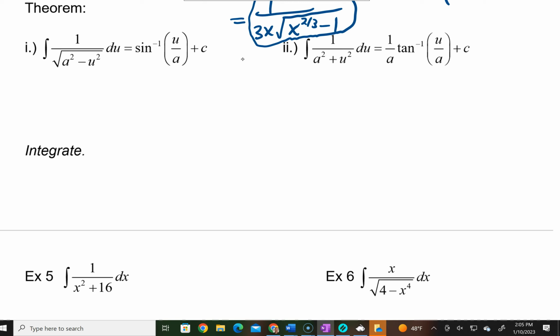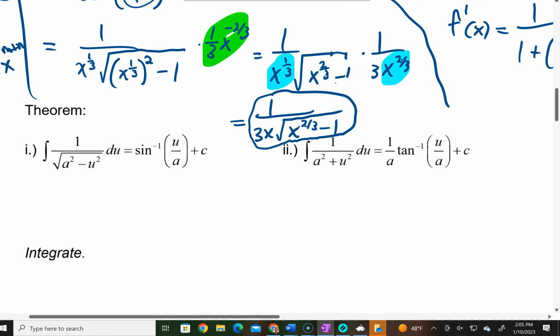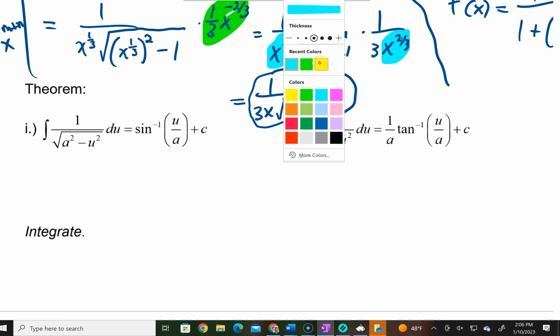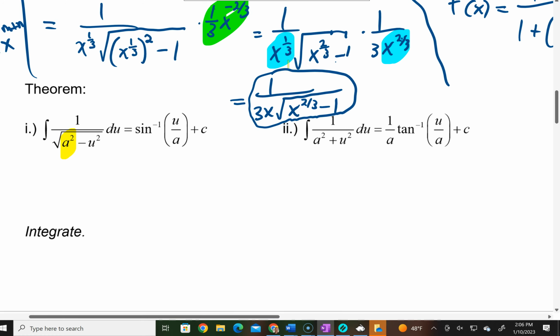The first one, I think what kids will notice, without a doubt, is that this is inverse sine. But I think what bugs kids a little bit is that there isn't a 1 inside of the integral. I think that just is screaming out to everybody.